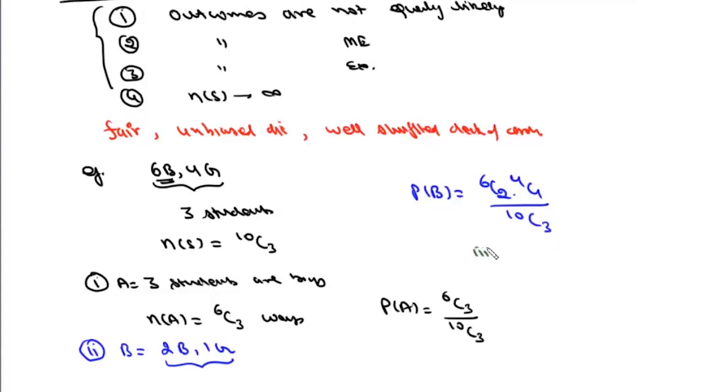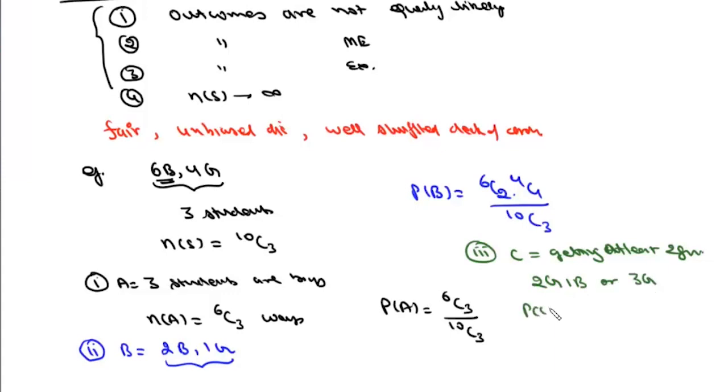Suppose we have this third event C, which is getting at least 2 girls. So at least 2 girls is 2 cases: either 2 girls and 1 boy, or all 3 girls.